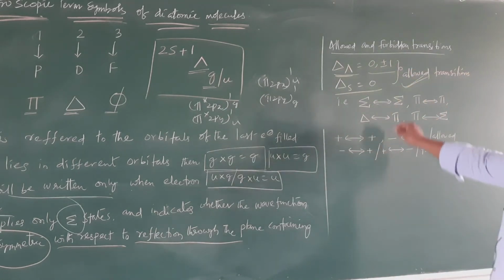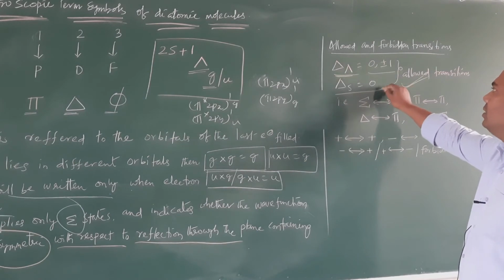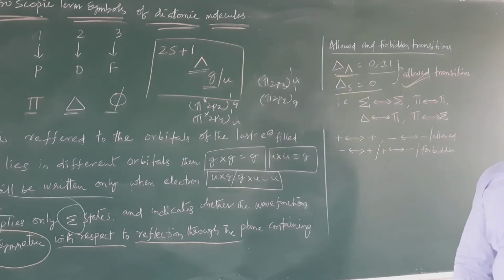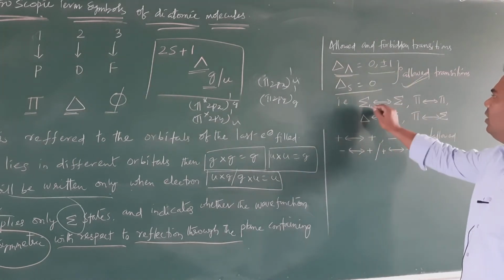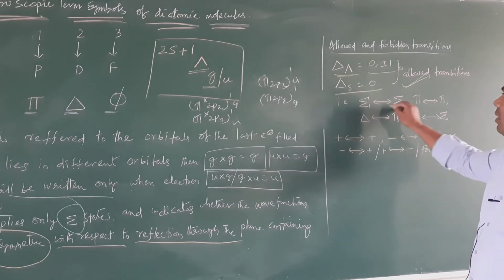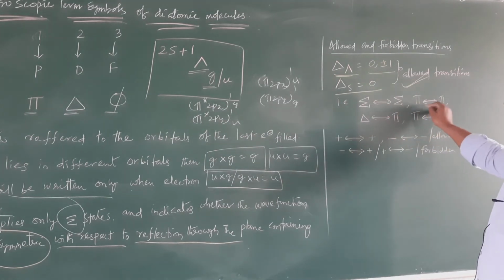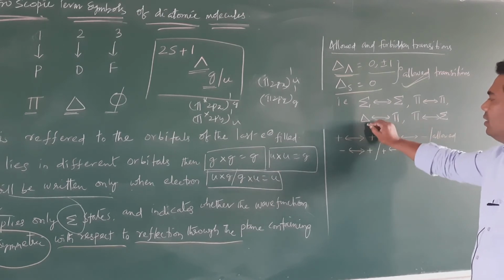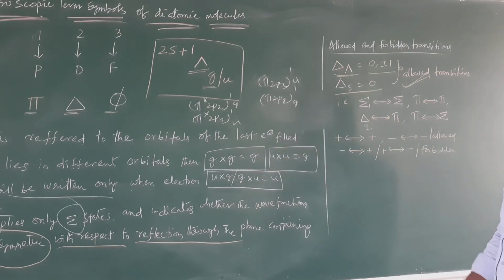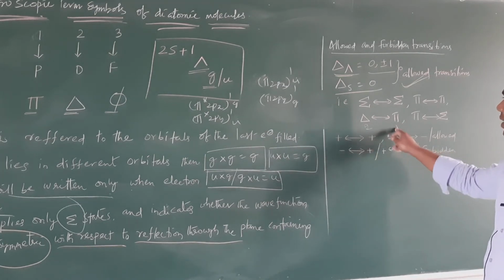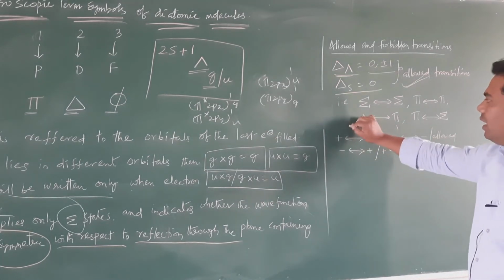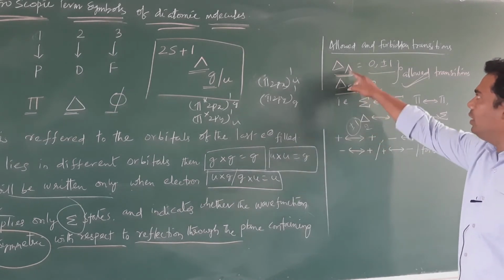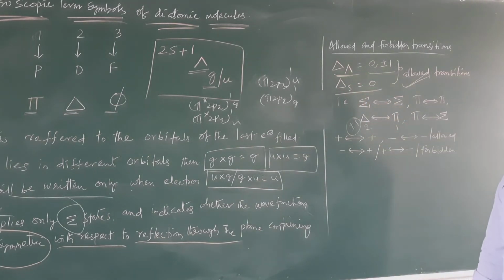If the spin change is 0, then it is also an allowed transition. Examples are sigma to sigma transition, pi to pi transition, delta to pi transition. The L value for delta is 2, for pi 1. So 2 minus 1, 1 minus 2, the values are plus or minus 1. So here delta lambda is equal to plus or minus 1.